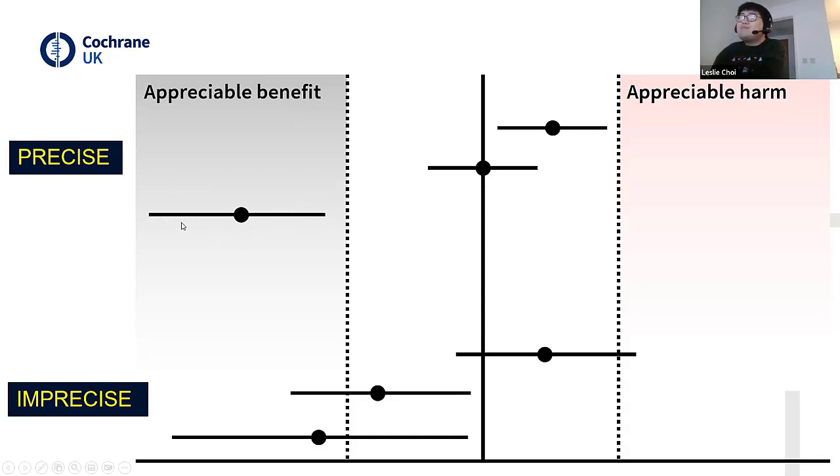You might have what seems a very wide range of confidence intervals from your lower and upper bound, but because both the lower and upper bound fall within what we classify as appreciable benefit, you might be tempted not to downgrade at all, even though the confidence intervals are quite wide.